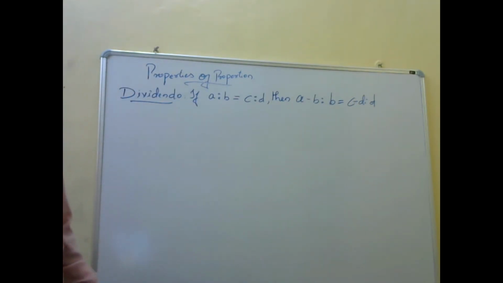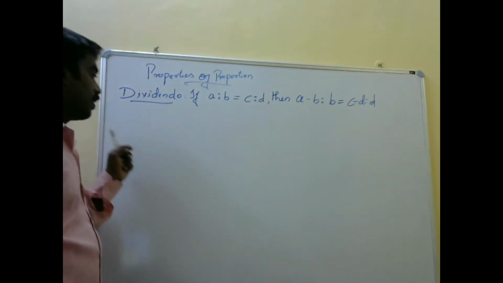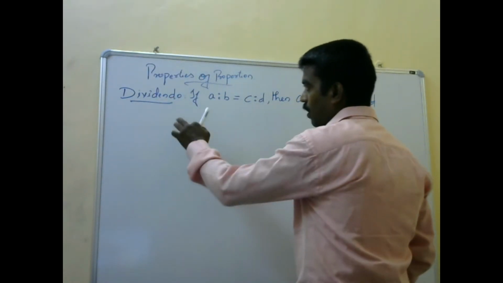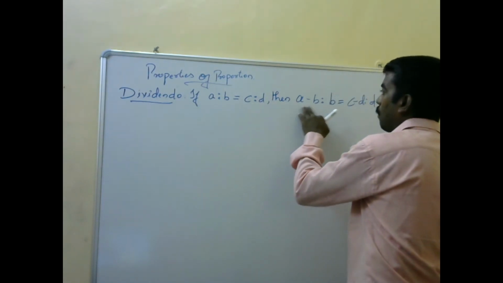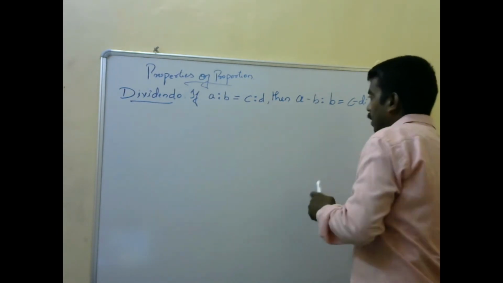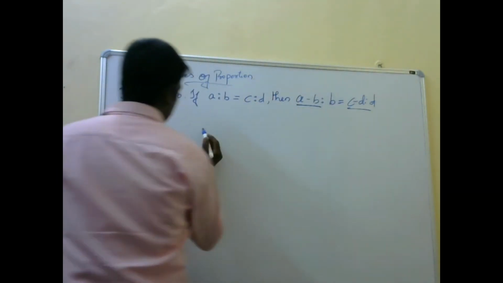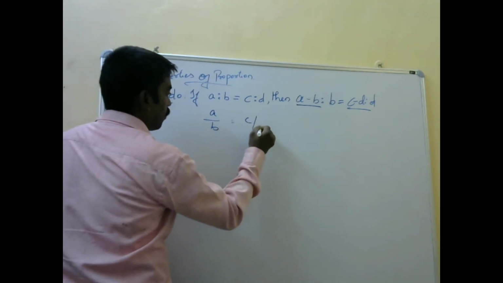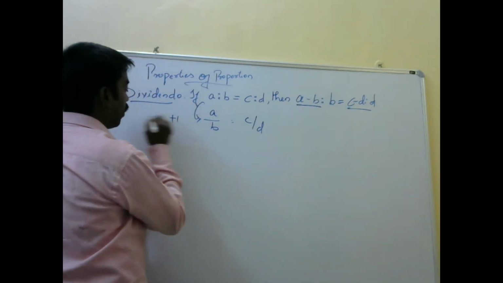We are going to see the dividendo property. Dividendo is a little different from componendo. In componendo we add plus 1; in dividendo we are going to do minus 1. If A is to B is equal to C is to D, then A minus B is to B is equal to C minus D is to D. So what we are going to do is A by B is equal to C by D. This is the common one.